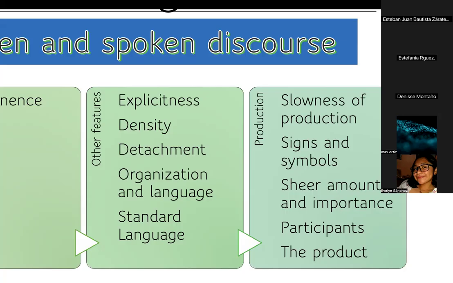So when you write a text, it's a slow process. In contrast with speech, with speech you need to be quite faster than when you are writing a text. Obviously, you use signs and symbols, the letters in this case, punctuation marks as well.